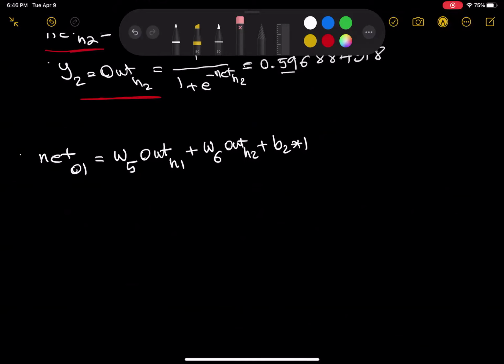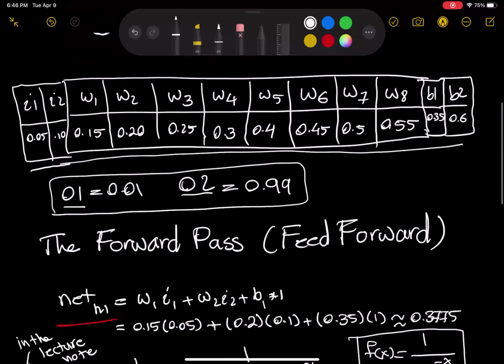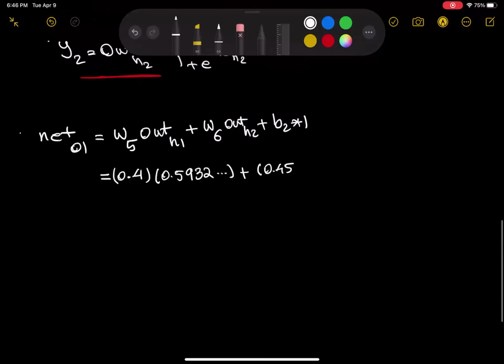Now, easily what you can do is plug numbers in, very simple. You can plug in the corresponding numbers here: 0.4 multiplied by the value we found for H1, which is 0.5932, whatever it is. Plus W6 here, which is 0.45. Let me double check this W6. 0.45, that's correct.